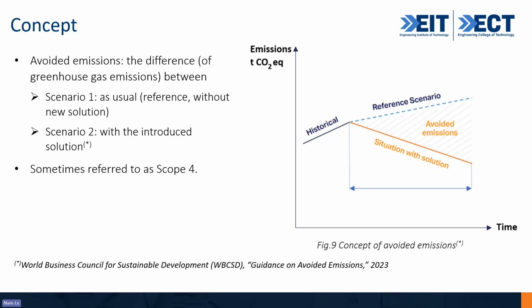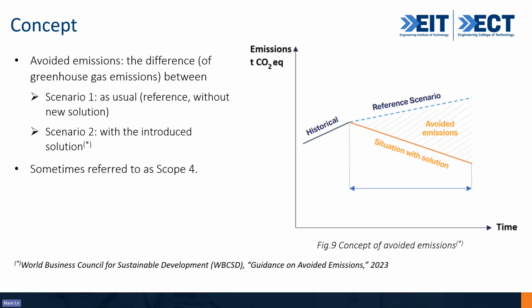And the next scenario is when we have new admixtures, a new solution, and then we can have lower emissions of the concrete. The difference between these scenarios will be the avoided emission. It means we can reduce the emissions of the concrete by a solution.